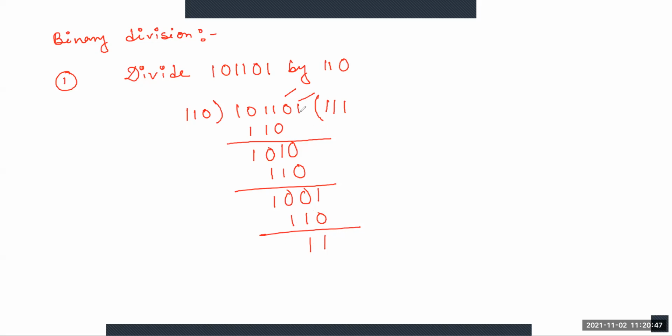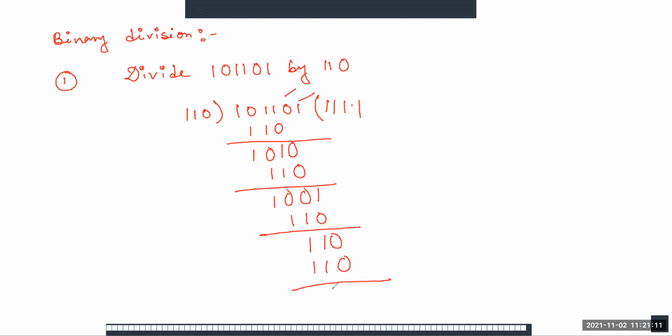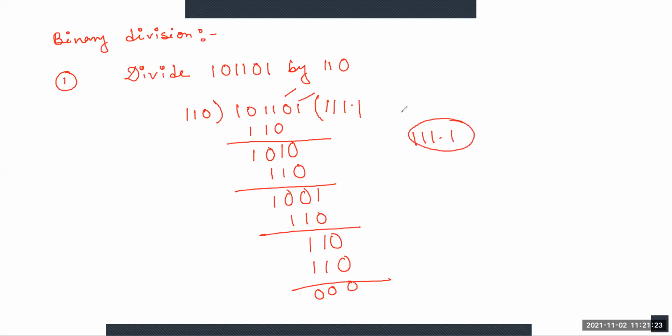At this moment we have no more bits, so by putting a point, we can use 0 here. If we put 1 here, 1 times 110, we get 000. So the result is 111.1. Is it clear for all of you? Yes, sir.